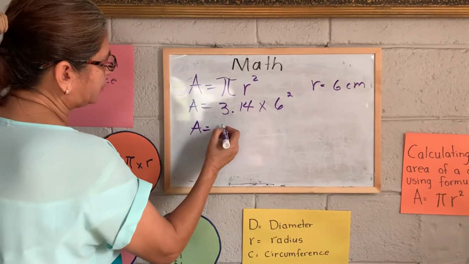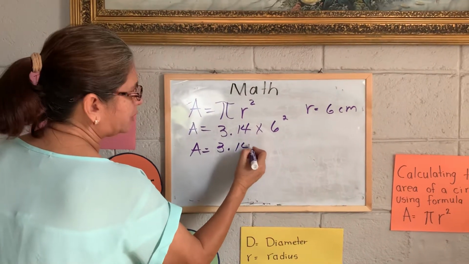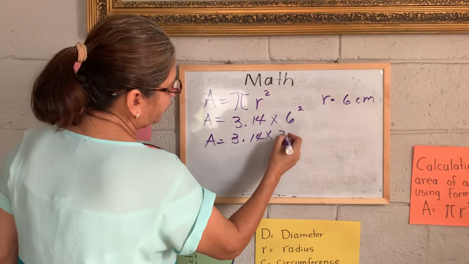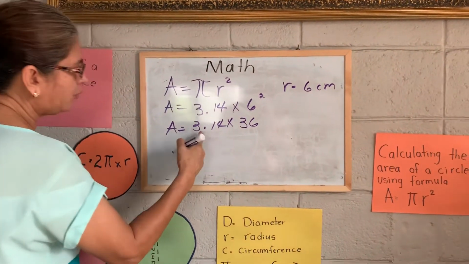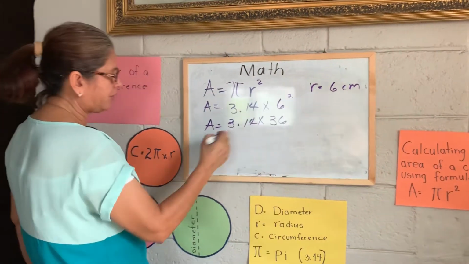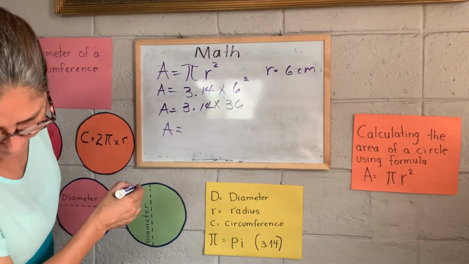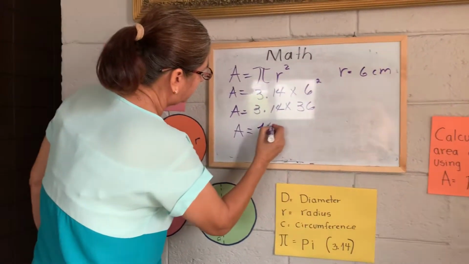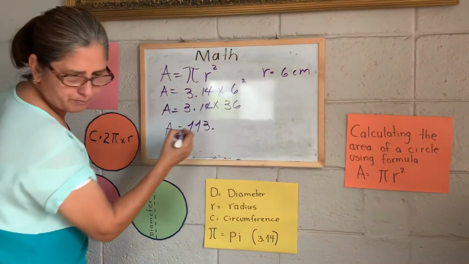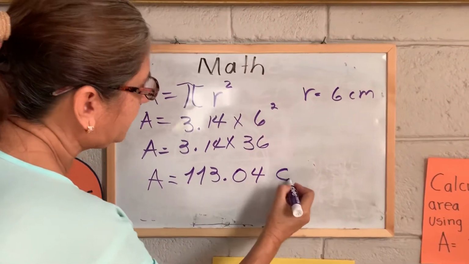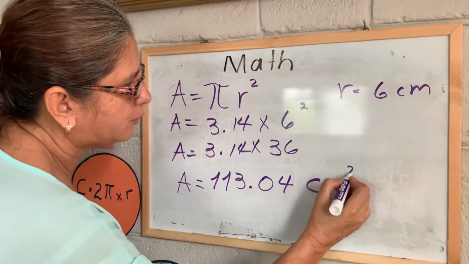A is equal to 3.14 times 6 squared, which is 36. So I multiply 3.14 times 36, and the area is equal to 113.04 centimeters squared.